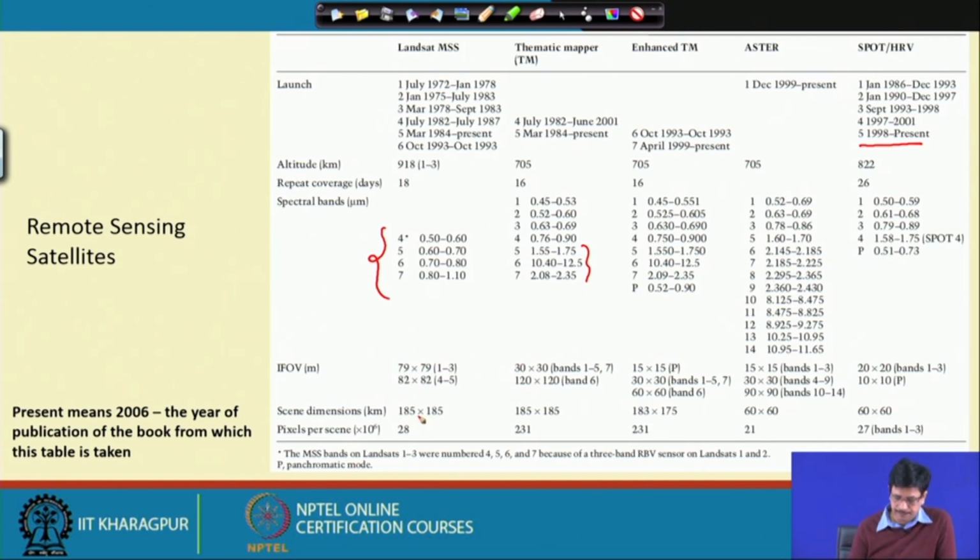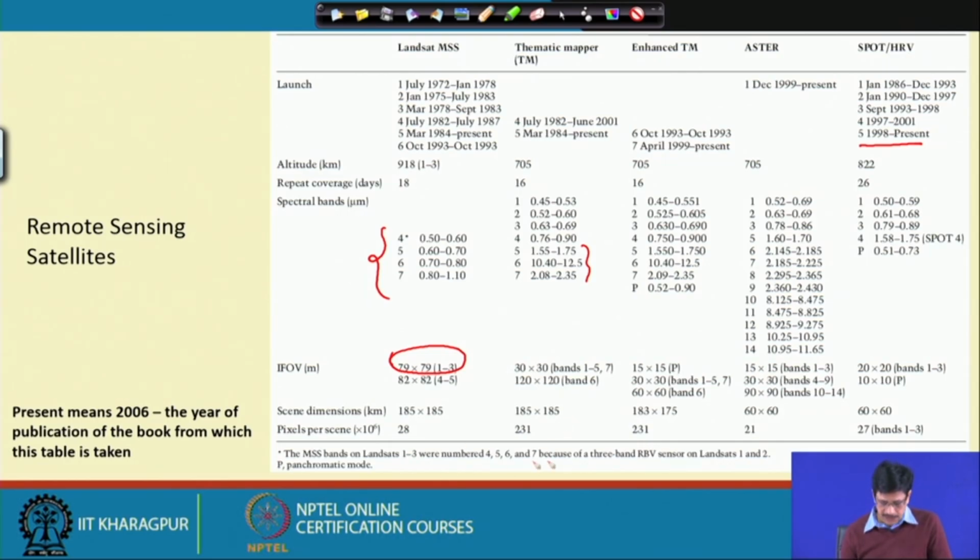So, we could see the multispectral scanner with an instantaneous field of view of 79 meter by 79 meter in case of bands 1 to 3 and 82 by 82 in band 4, and here the thematic mapper with a ground resolution of 30 meter by 30 meter for bands 1 to 5 and 7, and 120 by 120 meter in band 6.